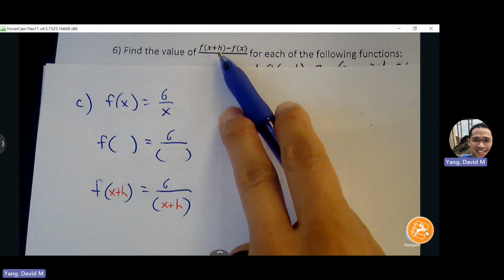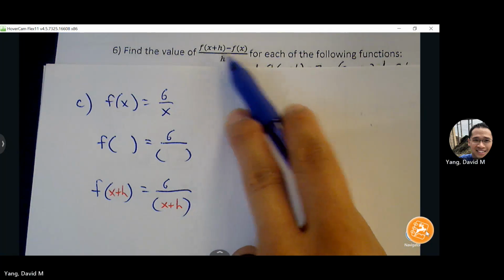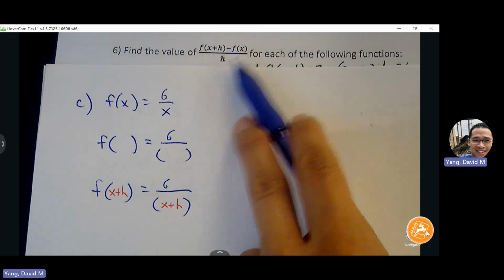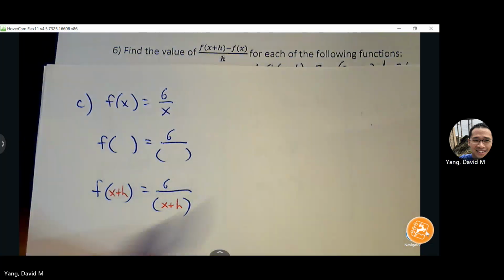Okay, so I have a substitution for f of x plus h. I've got a substitute for f of x, and then I'm just going to clean it up.